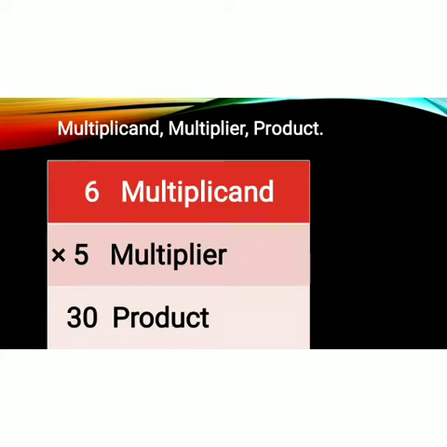Now children, in the multiplication of 6 multiplied by 5, the first number 6 is the multiplicand, and we multiply it by the second number 5. That second number is called the multiplier, and the answer is 30. It is known as the product, and the answer of the multiplication is called the product.